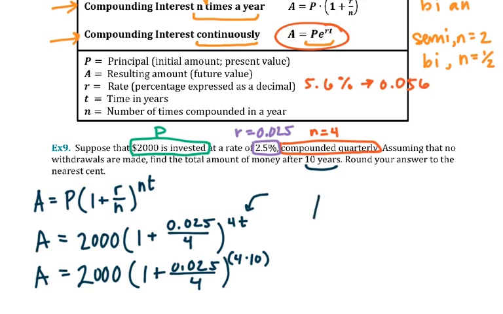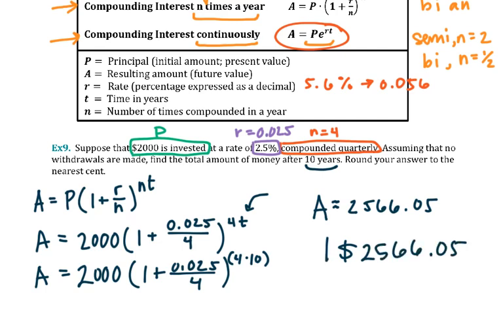After you do this in your calculator, and I encourage you to pause and check and make sure you can get the same number, we get an A value that's approximately 2566.05. So our end amount in the account is $2,566.05.